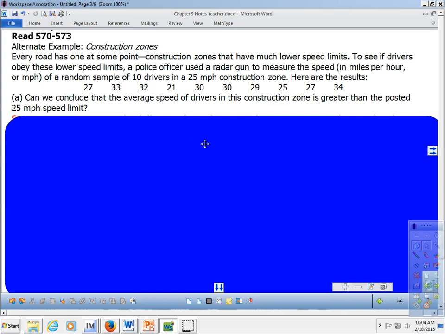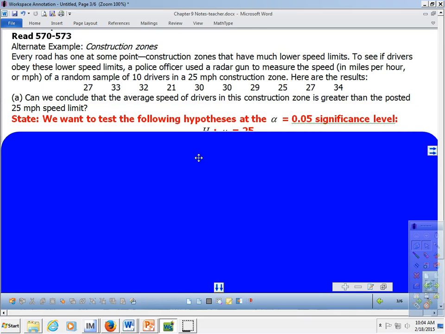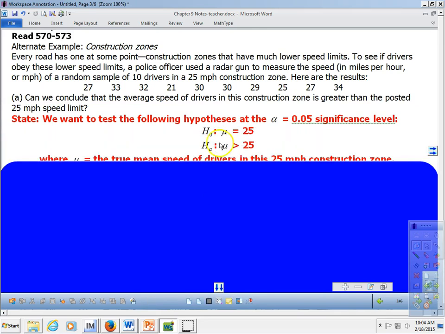Our 4-step process is in effect here. So state, what do we want to test? The null hypothesis is, again, that hypothesis of no difference. It's that statement of no difference. So we're going to assume that the average speed of all the drivers through that construction zone is actually 25 miles per hour.